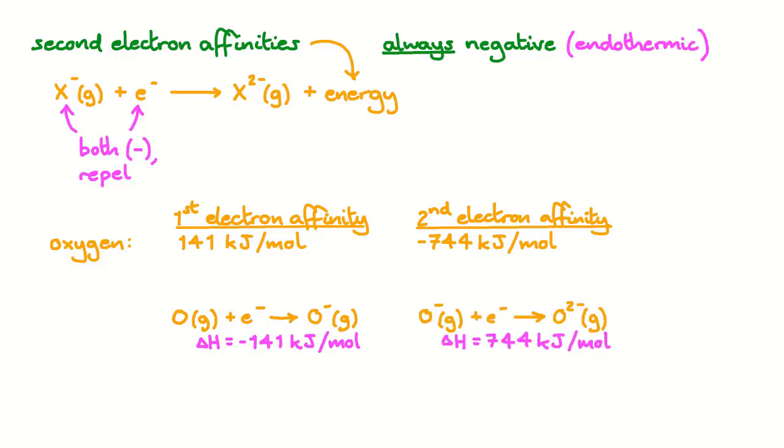So the enthalpy change for this process is positive. We're dealing with a vastly endothermic process. Now, what's interesting is that O2- ions are formed all the time in lattices with metals. This endothermic energy cost is paid for when ions of different charges come together.